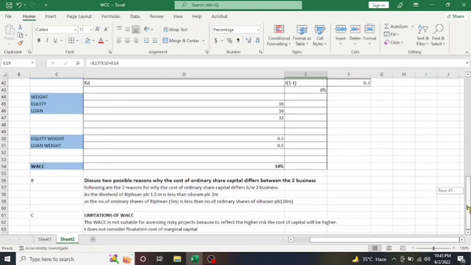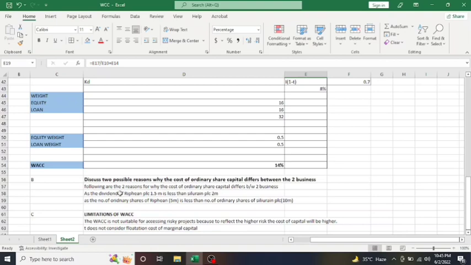So at the end of the question, we have two more questions left that we have to answer. One is to discuss two possible reasons why the cost of ordinary share capital differs between the two businesses.